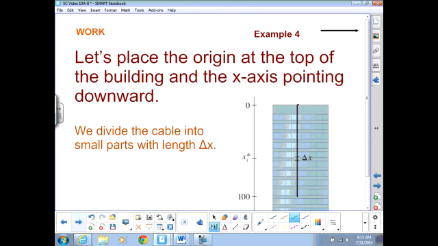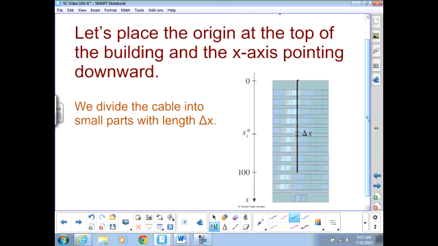So what we'll do is think of splitting this rope into a bunch of tiny parts, each delta x in length. Because we had 200 pounds and it was 100 feet long, that means we have 2 pounds per foot.